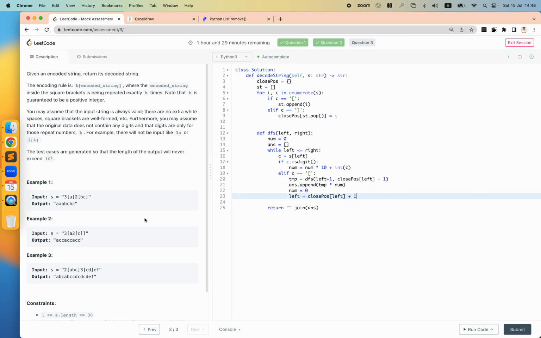But what happened is, for a normal character, then it should be appended. Return dfs of 0 to length of s minus 1.